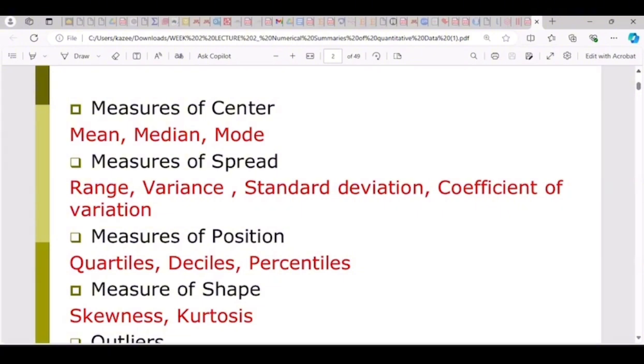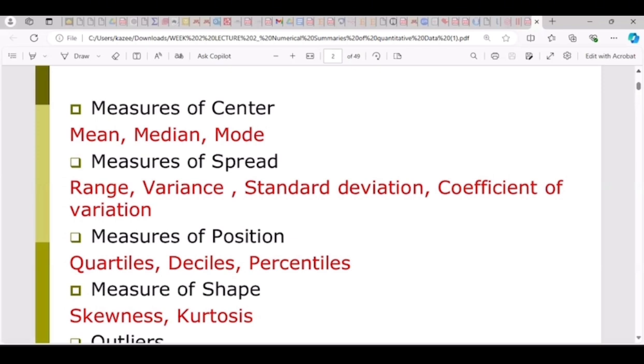The next one, the measures of position. Position. What do I mean? What is the intention here? The intention of the measures of position is to be able to locate or identify the position a particular data point occupies in relation to the rest. I'm going to say that again.